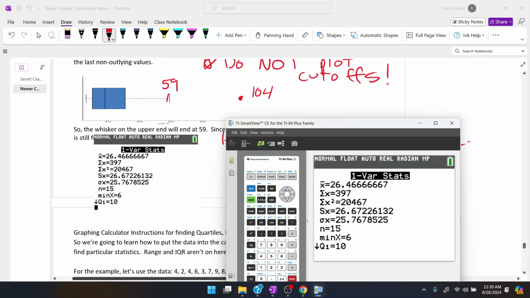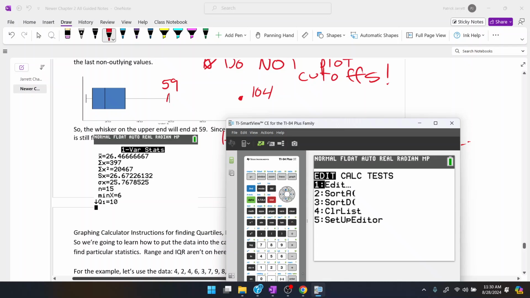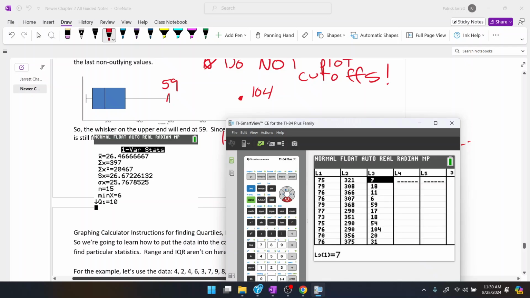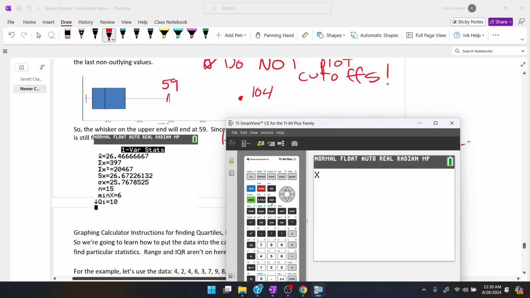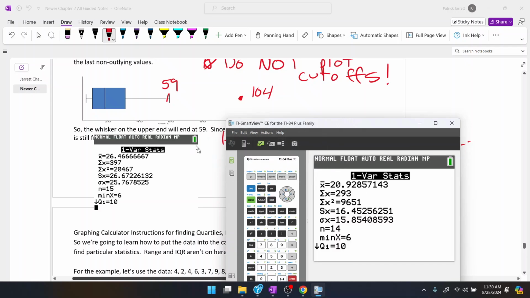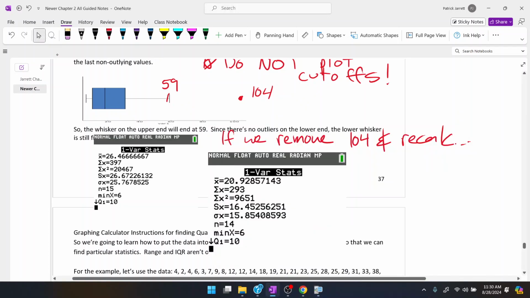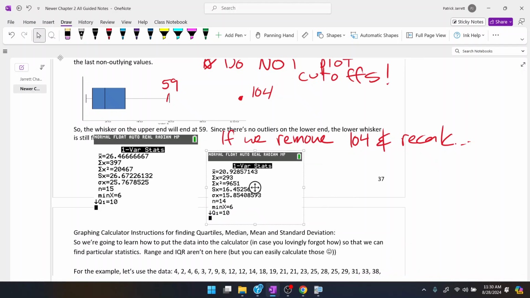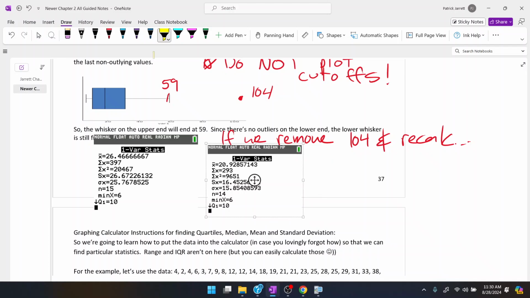Well, we'll go to Stat and Edit, and I'm going to remove this 104. Now, I'm going to do a 1var stat on L3 once more, and let's see what happens. Now, I'm not as worried about the mean, but look what happened to the standard deviation, whether you look at it from sample or population.